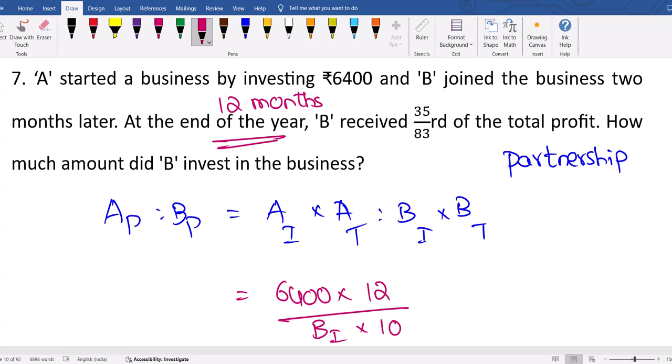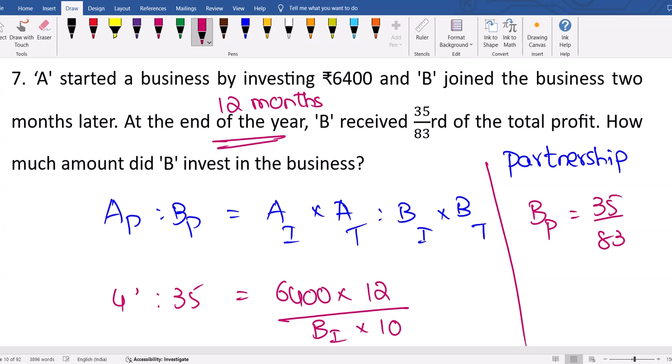Sir, the profit share ratio is not given directly, but my dear friend, see, B's profit is 35 parts out of total 83, means B got 35 parts, A will be the remaining 48. It's 48 and 35. How, sir? Now let's say the ratio is 48 and 35. B is 35 out of total. Total means 48 plus 35 will give 83. Right? So that's the idea.